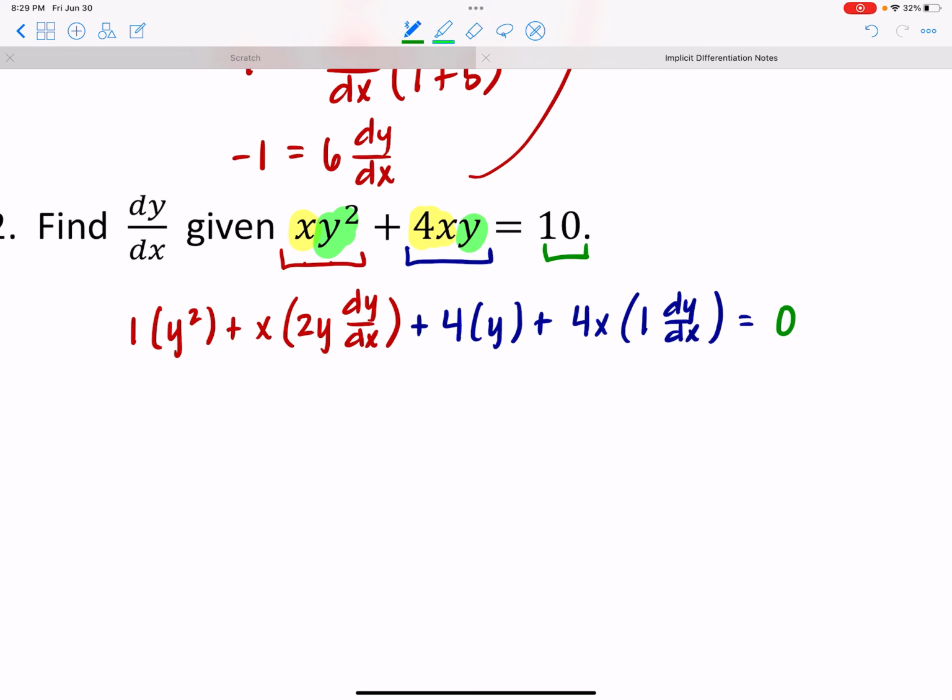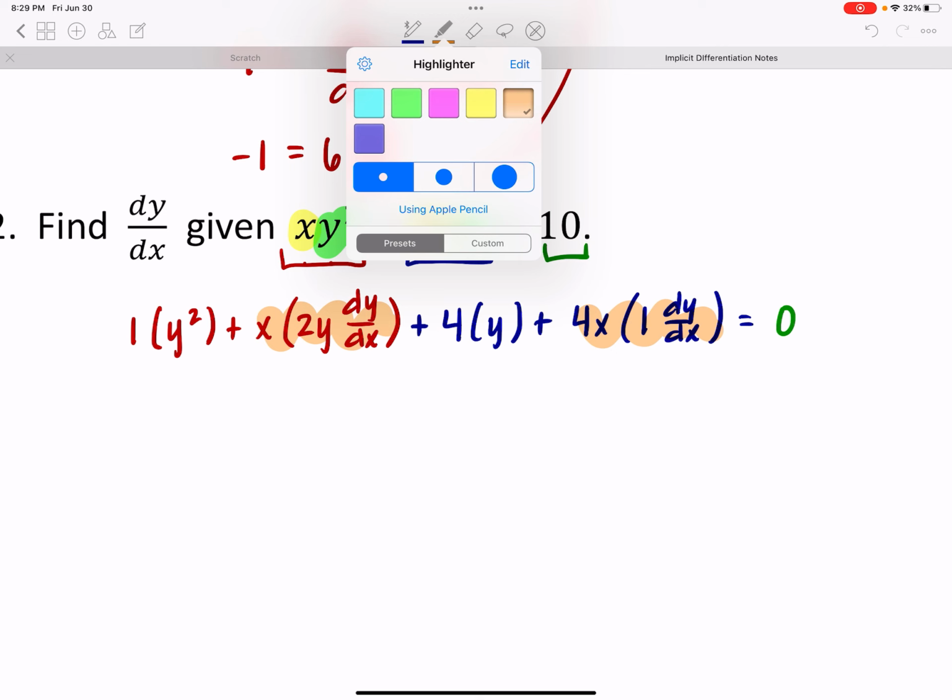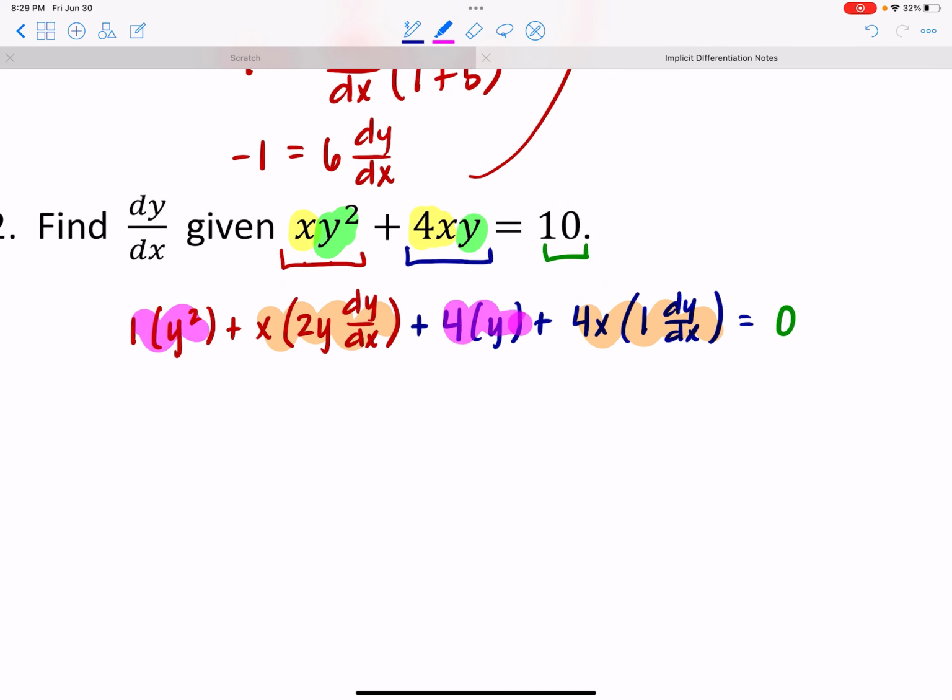Okay, so I want all of the terms that have the dy/dx to stay on one side of the equation, and everything without to go to the other side. So I'm going to leave this term here and this term here, and then subtract the other two terms to the other side. So this one's going to move, and this one's going to move.